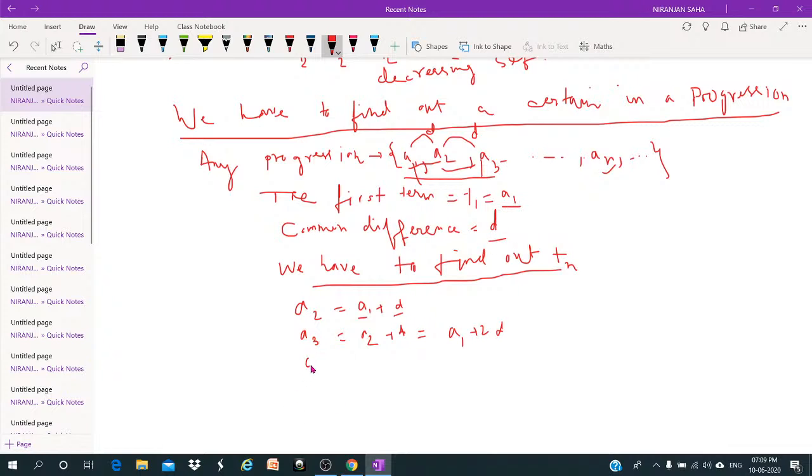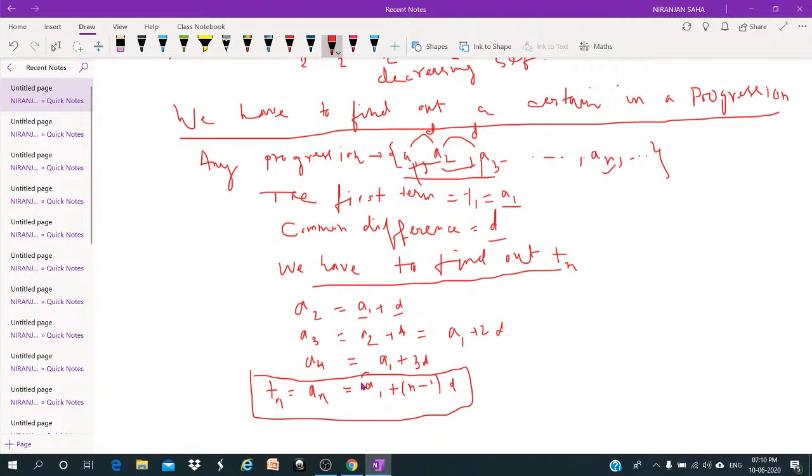Then A4 must be A1 plus 3D. So the nth element Tn must be equal to the first element plus (n minus 1) D. This is our rule to find any nth element in a progression.